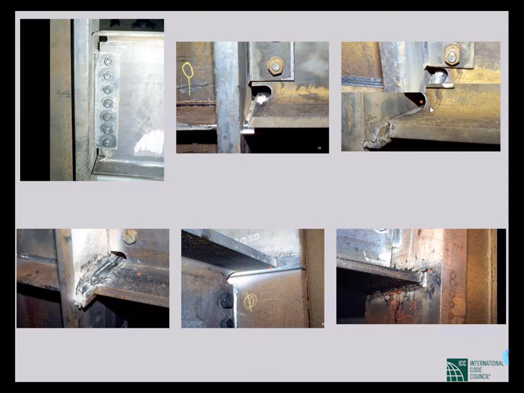In the left bottom corner, you can see the CJP is complete. To complete the CJP, the access hole is required, so that we can use the electrode stick to weld.